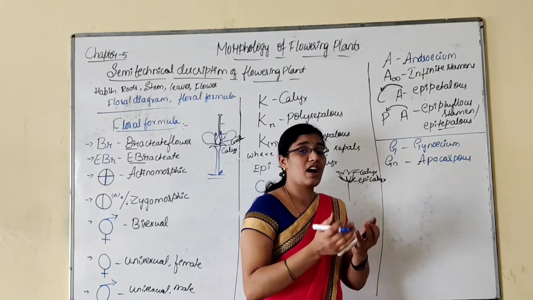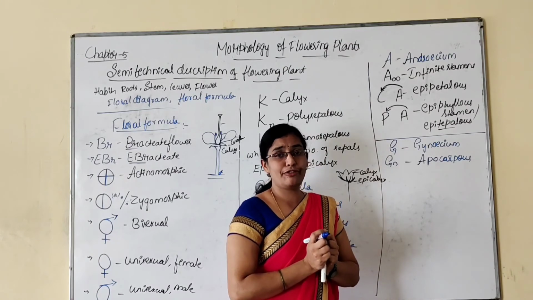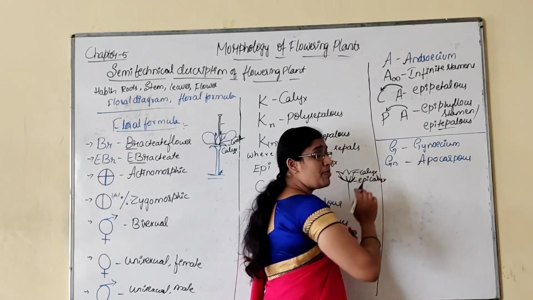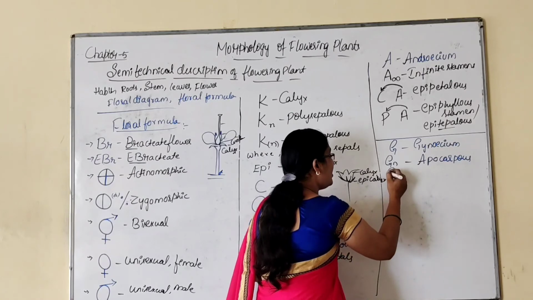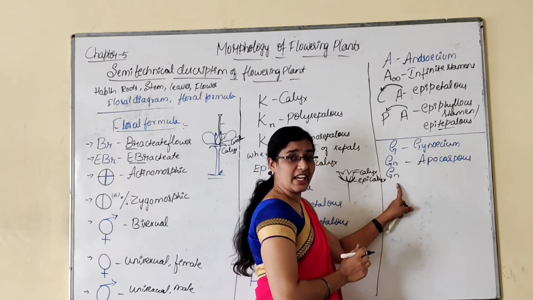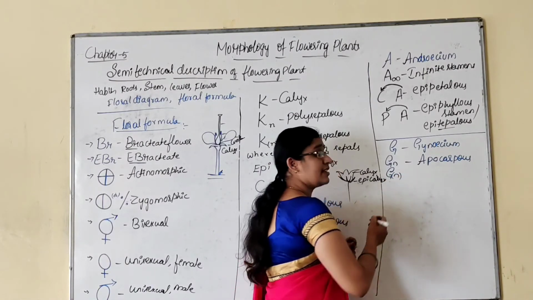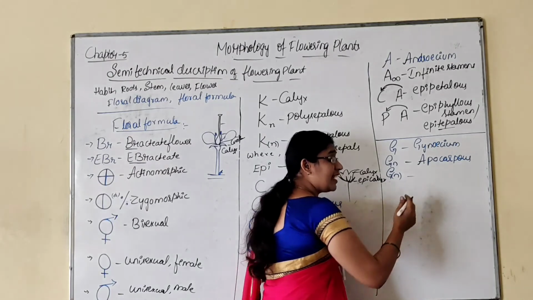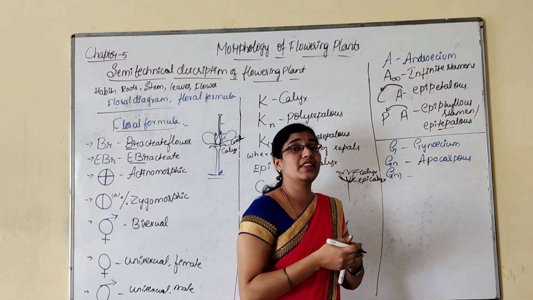So the carpels will not be fused. That is apocarpous condition. If we are writing G and at its foot N within brackets, the brackets indicate the fusion between the carpels.